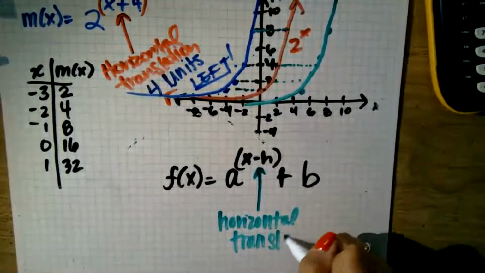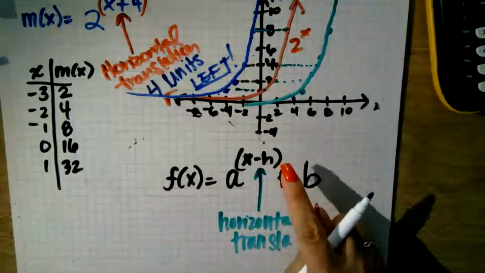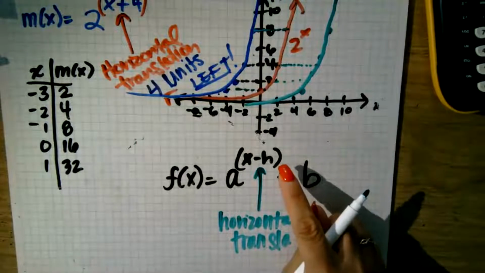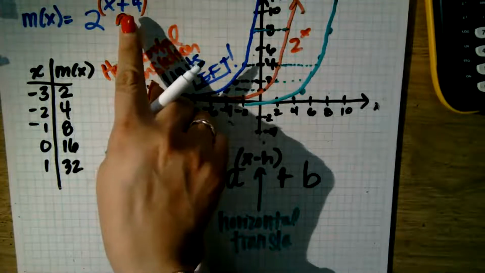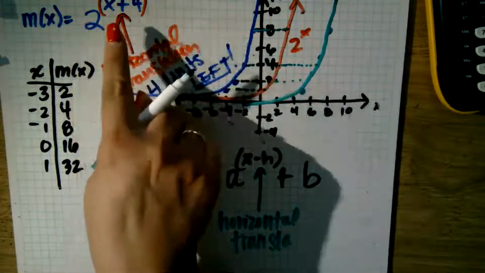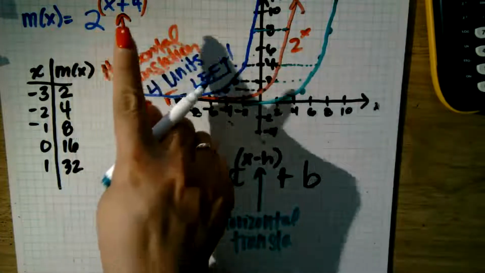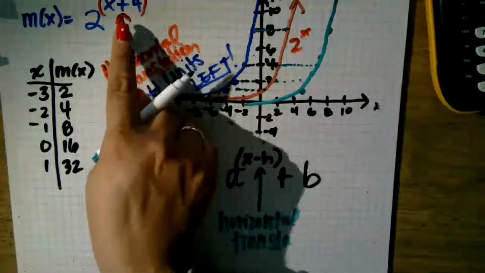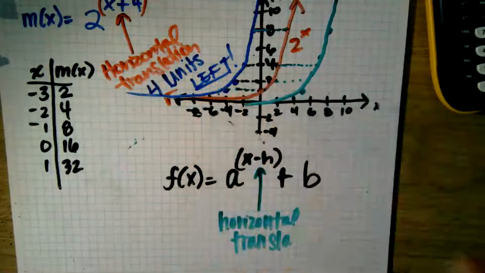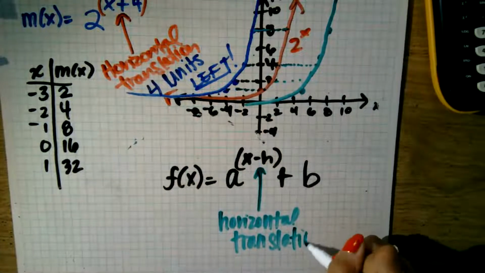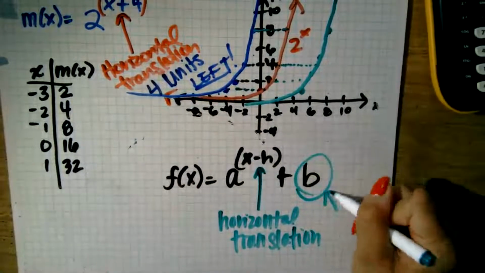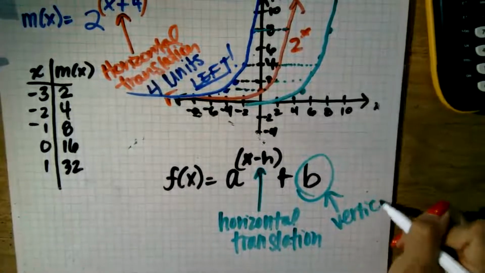And notice that my formula says minus. And that's important because this right here says negative plus 4, which really means negative, negative. A negative minus gives me a plus. And notice I'm going left, okay? Horizontal translation. And this guy is vertical translation.